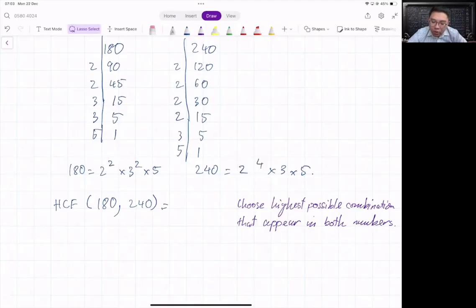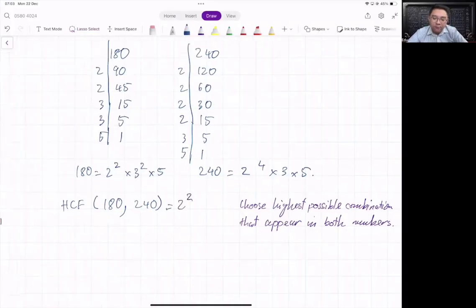Okay, so now 2 to the power of 2 appear on the left, and it also appear on the right. 2 to the power of 4 appear on the right, does not appear on the left. In 2 to the power of 4, you have 2 to the power of 2. Okay, simply if you look this and this, yep, so they are 2 to the power of 2. All right. So your highest common factor is going to be 2 to the power of 2.